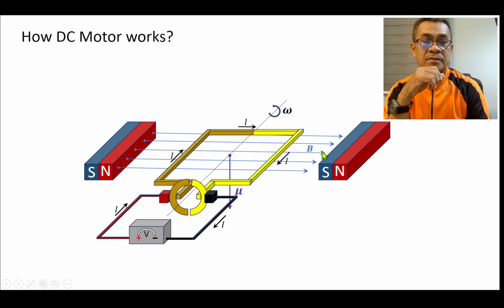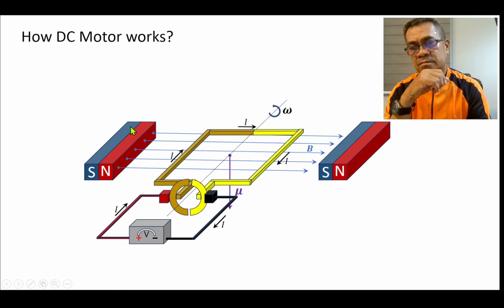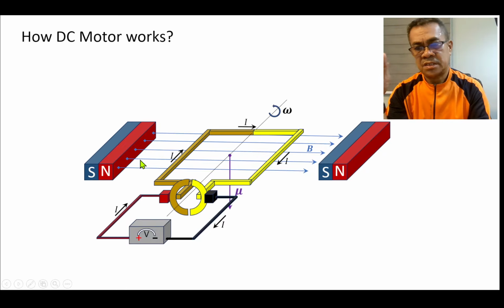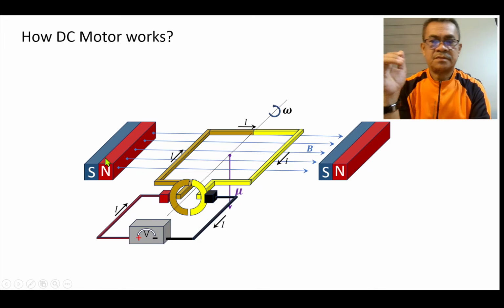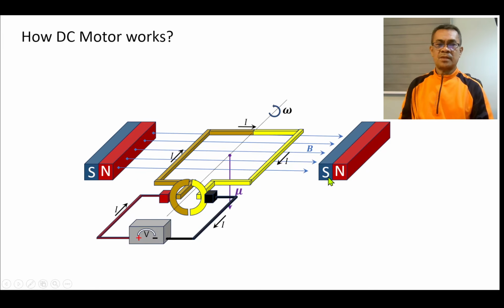Look at the arrow. The arrow is always out from north towards south. From north it goes outside, then towards south. Inside here, the direction of the magnetic field is from south to north, but externally, north towards south.